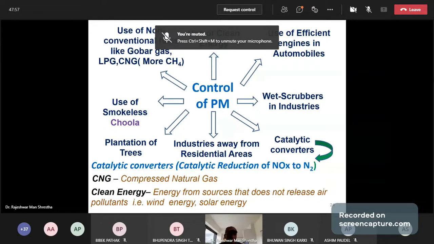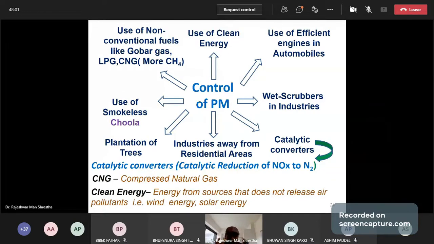Use of efficient engines in automobiles will cause less combustion. Less combustion means less release of particulate matter and air pollutants. And use smokeless solar. Then a wet scrubber should be fitted in the instrument.